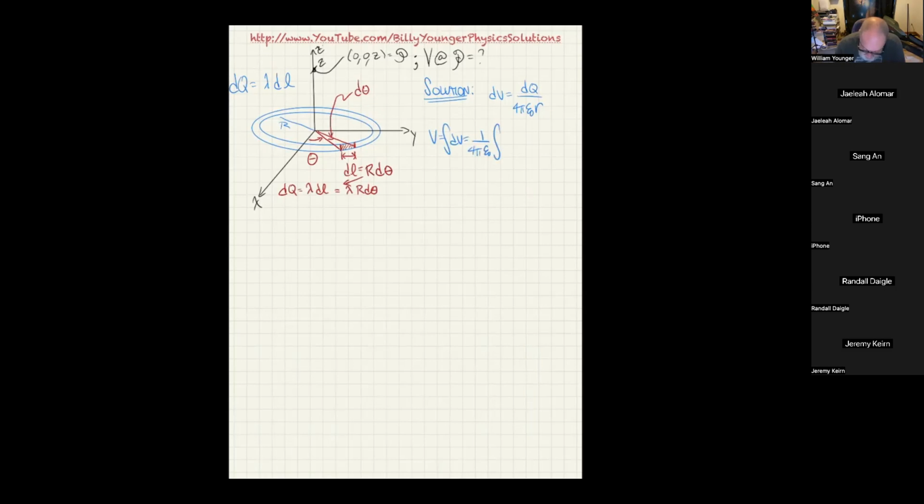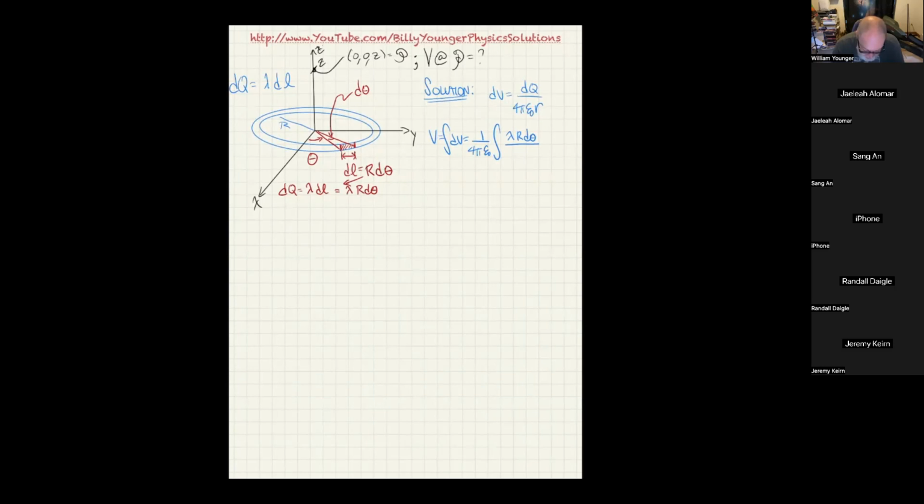So I'll say 1 over 4 pi epsilon naught integral. Now I'm going to substitute my dq, which is lambda r d theta, and I still have the distance from the differential line element to the point z. I think you can see that those red lines have a length capital R, and then from the origin up to the point P, that distance is z, and the distance that we're looking for from dl to the point is the diagonal.